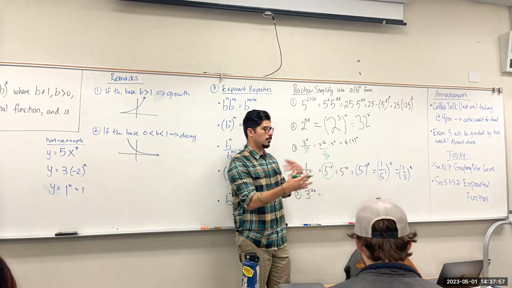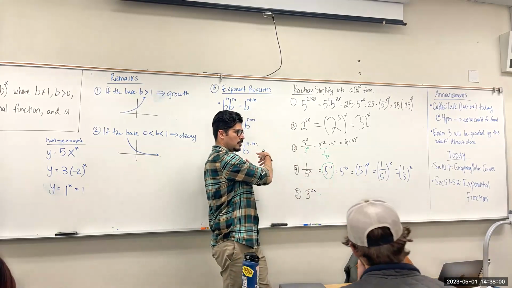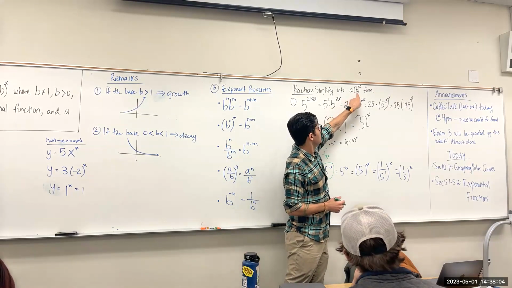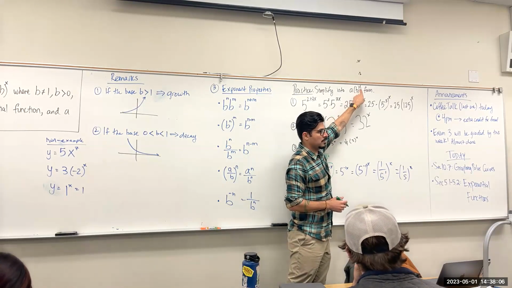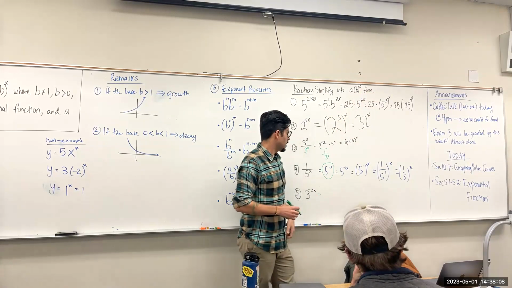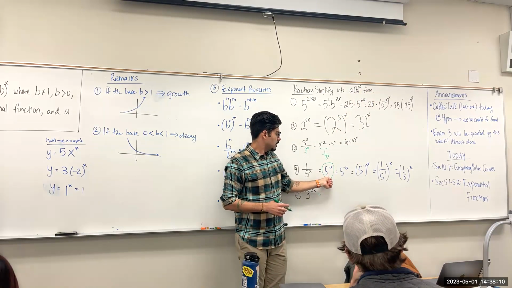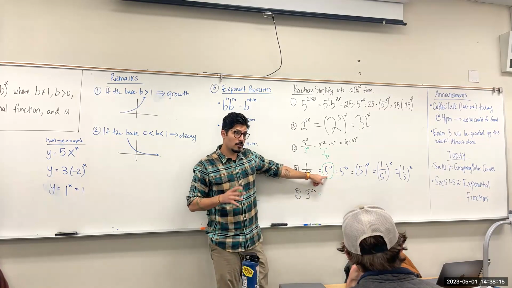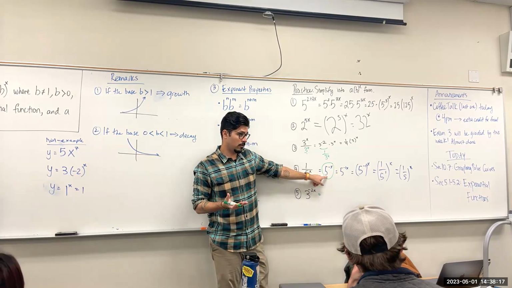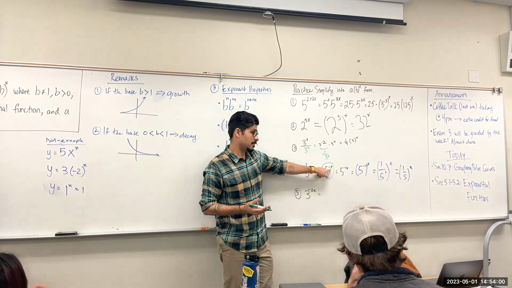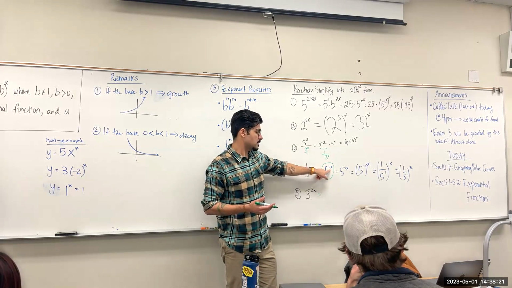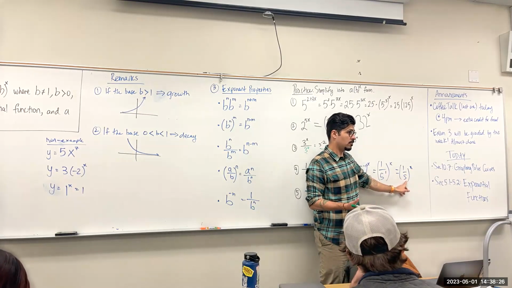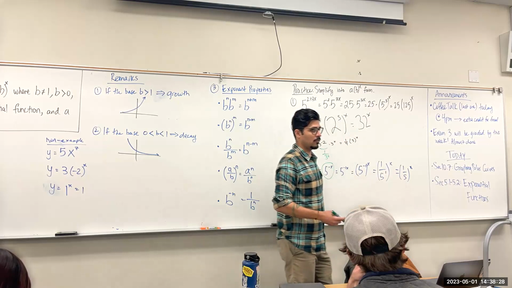It's just that the goal is to manipulate these using these properties so that it looks like this. And in this form, x is not negative, x is positive. Because if I asked you, is this a decay or growth, the 5 is going to throw you off. You're going to think growth, but that's because x is negative. If you write it with a positive x, the base is 1/5, so it's really decay.